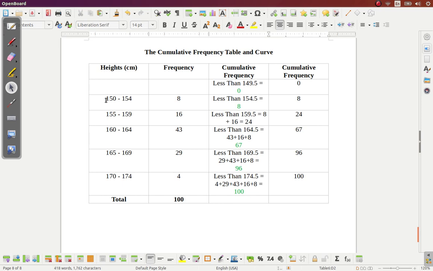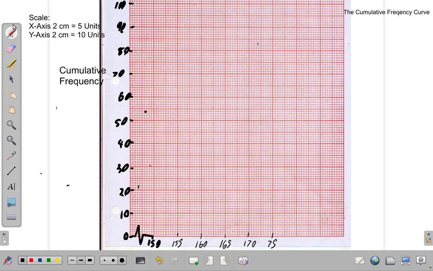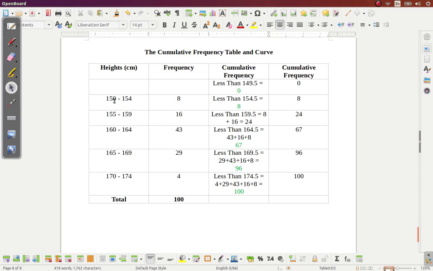So we start there. We're saying, how many of these models were taller than or measured less than 155? There were 0. So the number of models who measured less than 149.5.